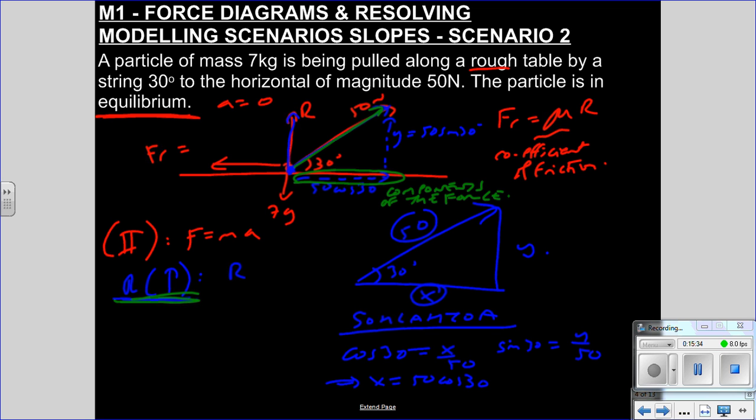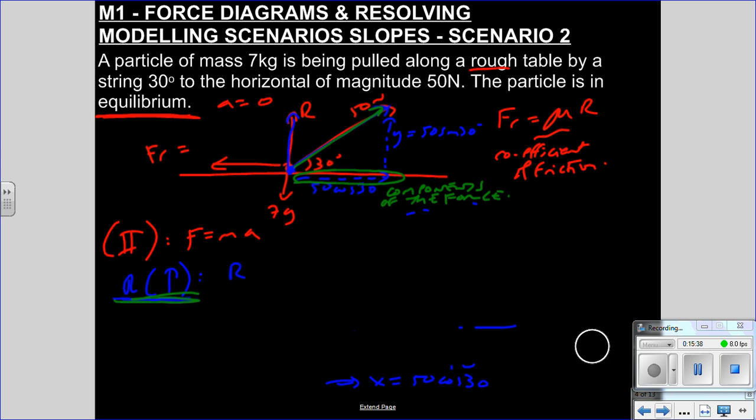So now we can almost disregard the diagonal force and we can just look at things being left and right. Now, we wouldn't normally draw this arrow here. We normally draw arrows coming out of the particle. So I'll put the 50 sine 30 here, but that was just to show you through the triangle what was happening.